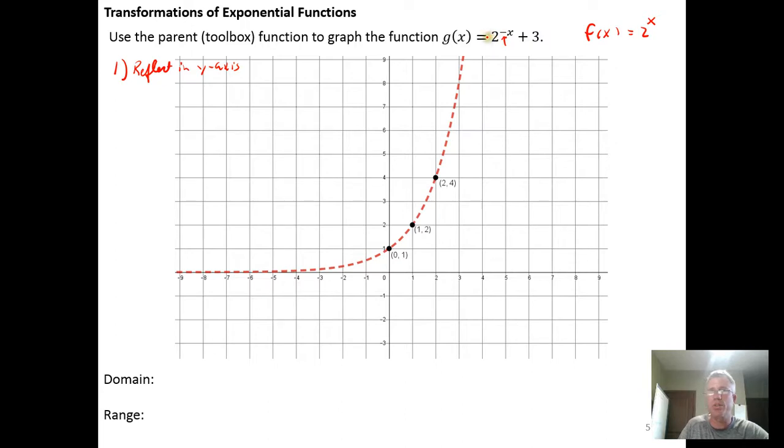No reflection over the x-axis, and no stretch because nothing is being multiplied to the 2 to the negative x. It's really just a 1 times 2 to the negative x. So nothing's happening there. And then the graph is moving up 3 units.